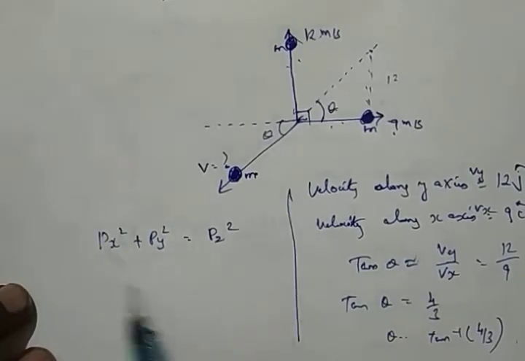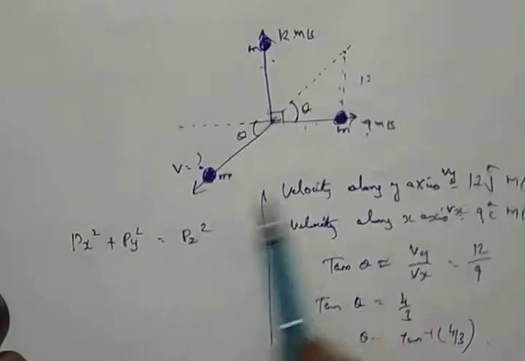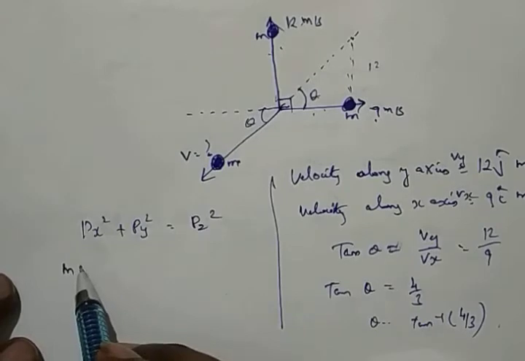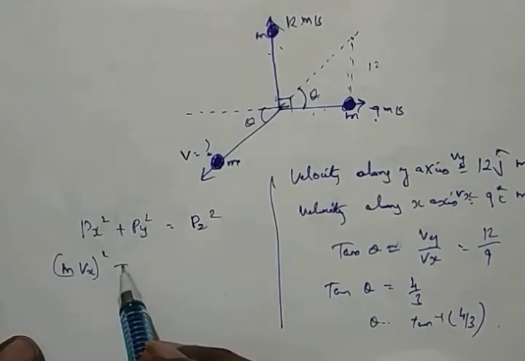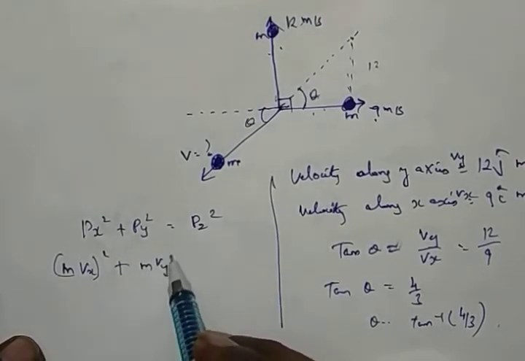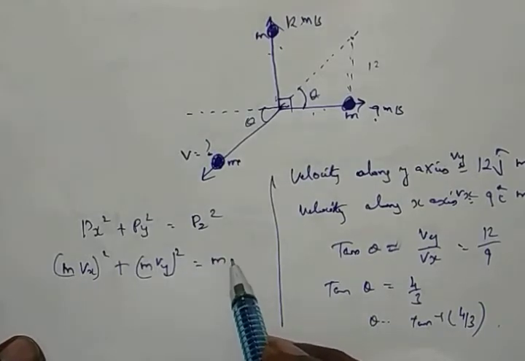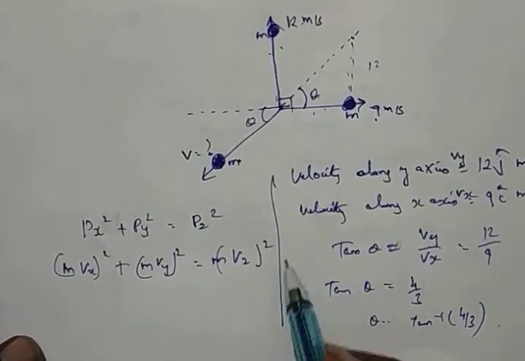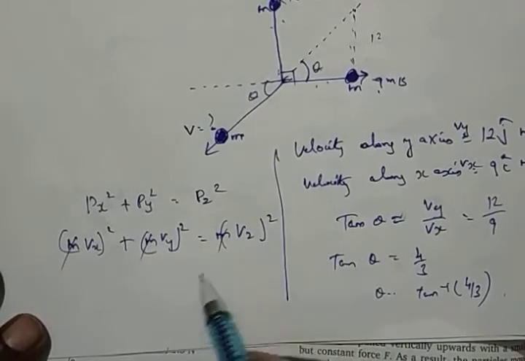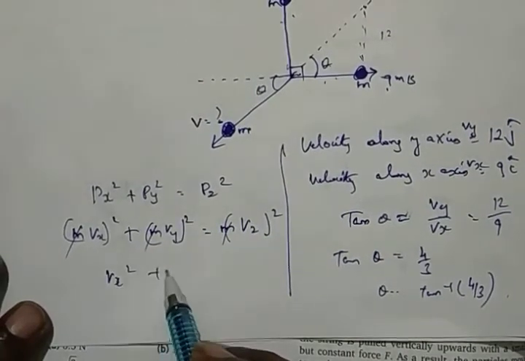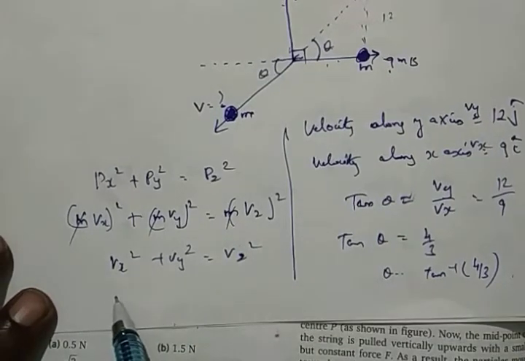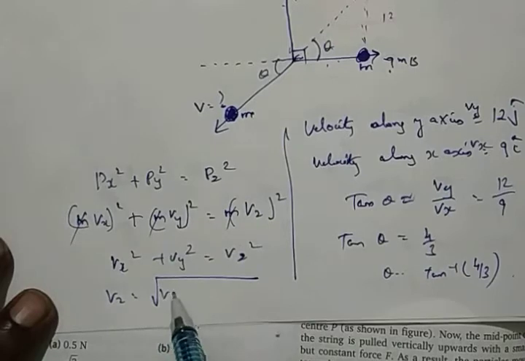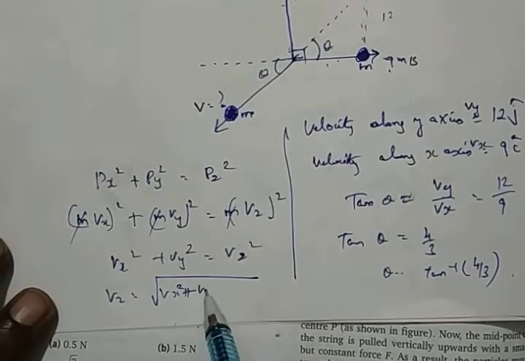The momentum along x is mass into vx, the whole square, plus mass into vy, the whole square, equals mass into vz, the whole square. Mass gets cancelled out, so vx square plus vy square is equal to vz square. So vz is equal to under root of vx square plus vy square.